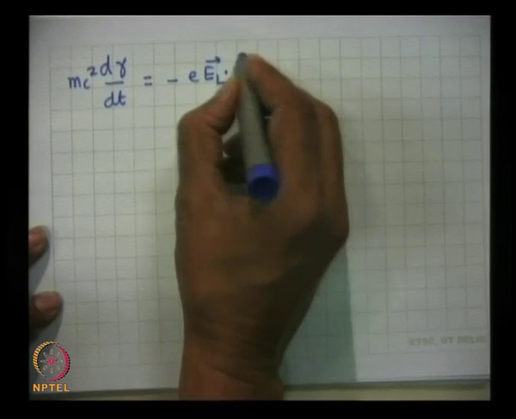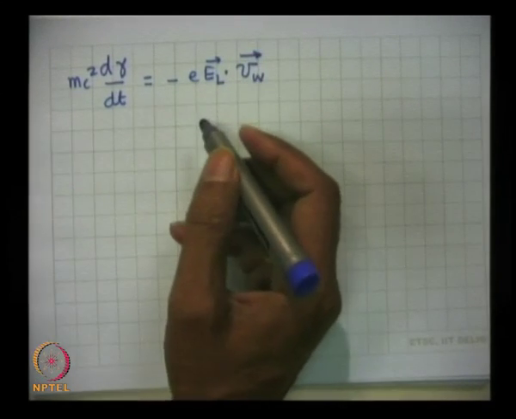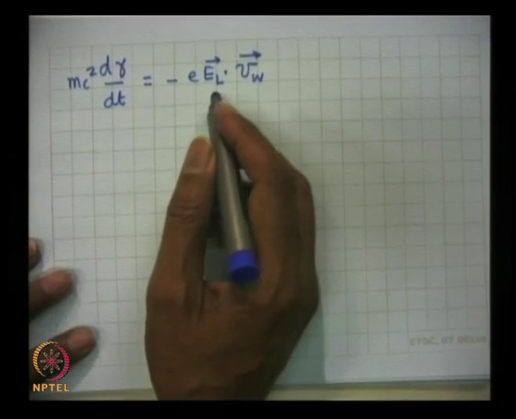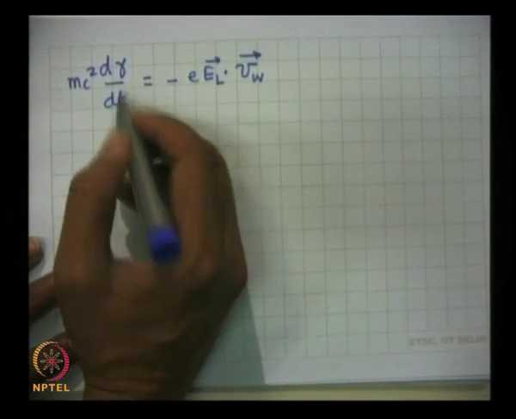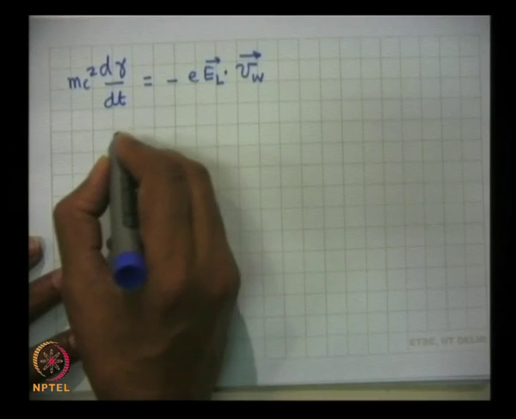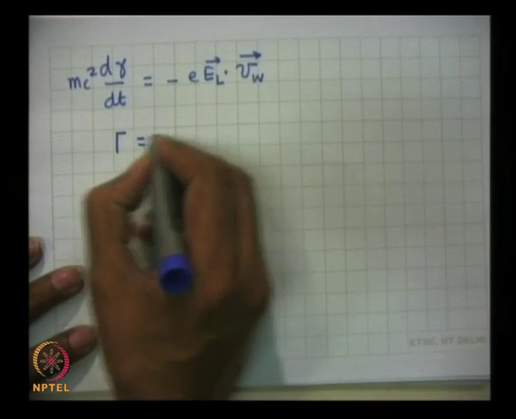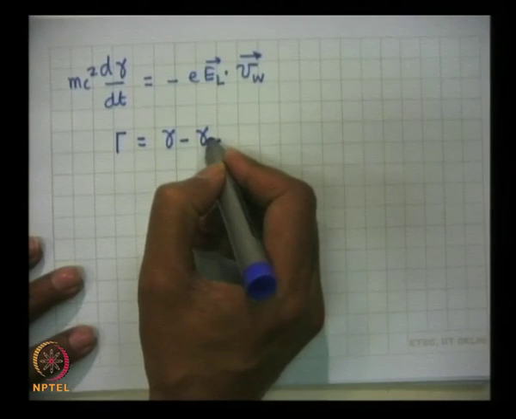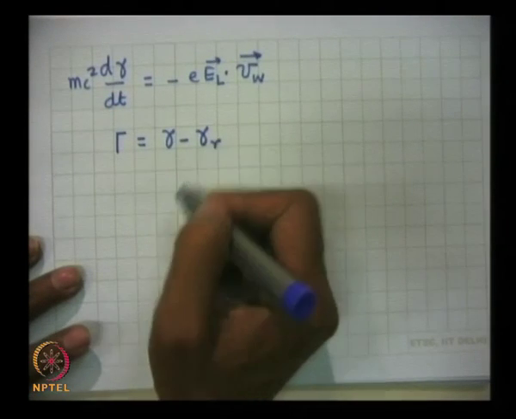This is the energy equation that we have been writing for free electron lasers. We define a quantity capital gamma as gamma minus gamma r, but treat this gamma r as a function of z.